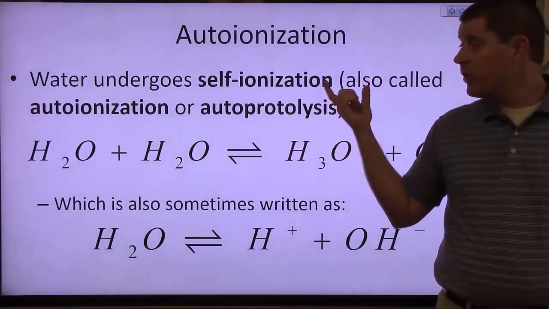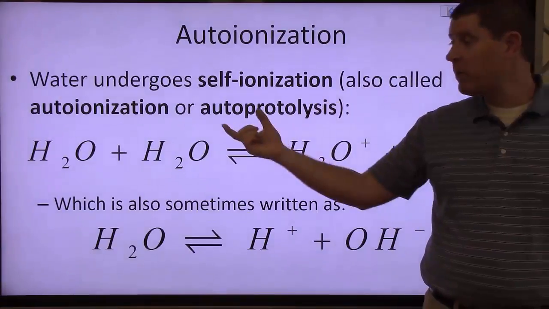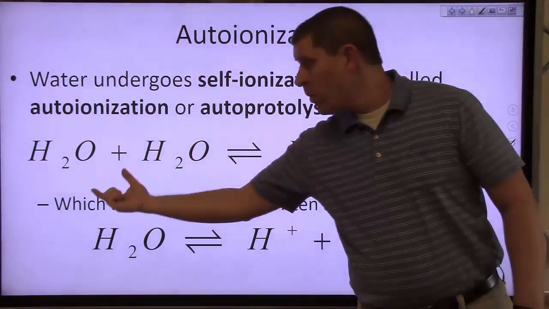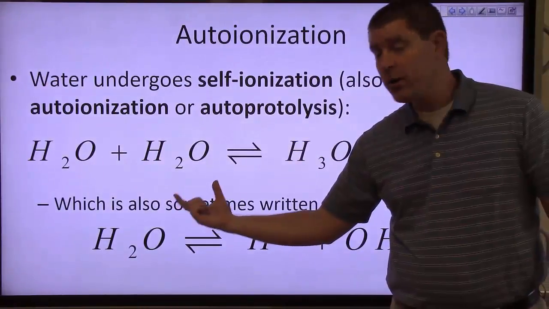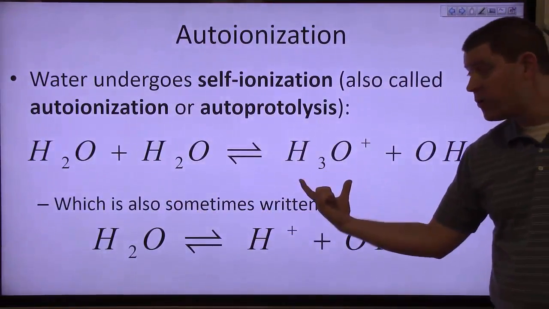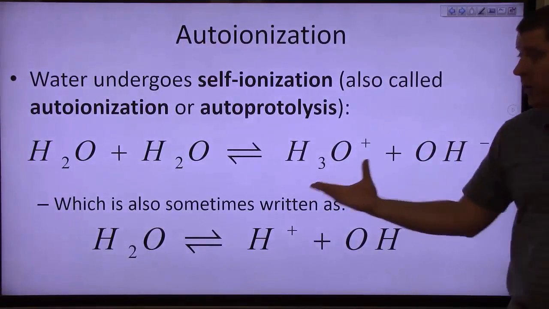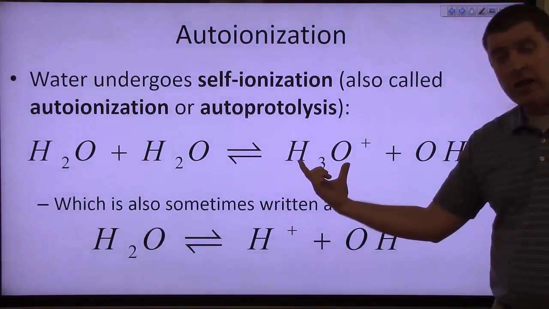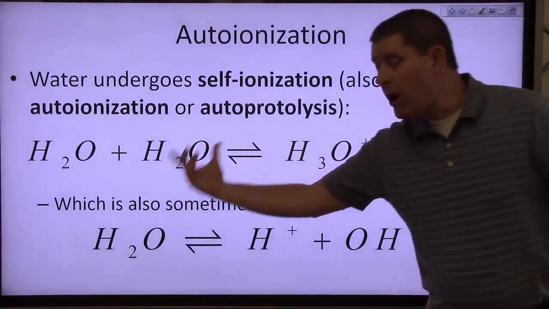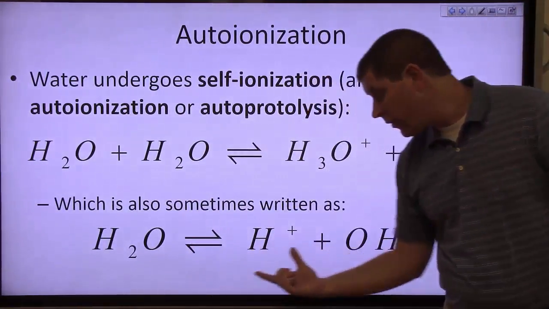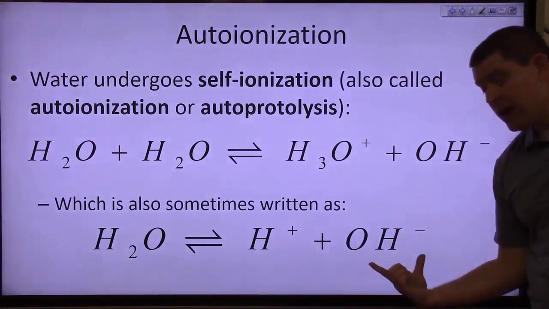Now, water undergoes self-ionization, which we also sometimes call auto-ionization or autoprotolysis, where one water molecule and another water molecule will react with one another to give us a hydronium ion and a hydroxide ion. Now, sometimes we write this hydronium instead as a hydrogen ion, and then we drop one of our water molecules, so we write that instead as a single water molecule dissociating into H+ and OH-.